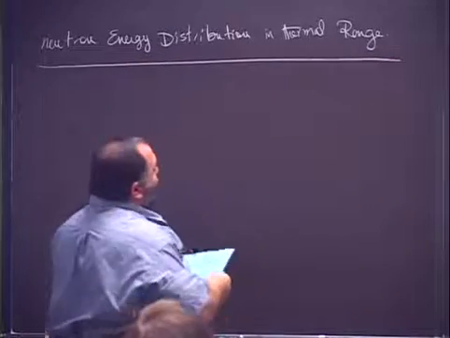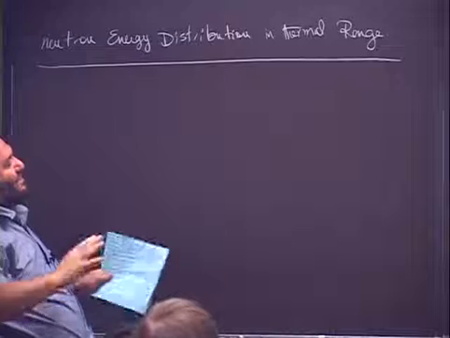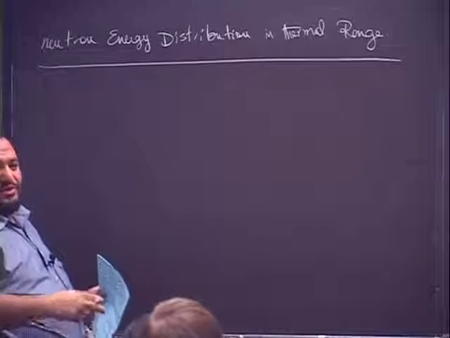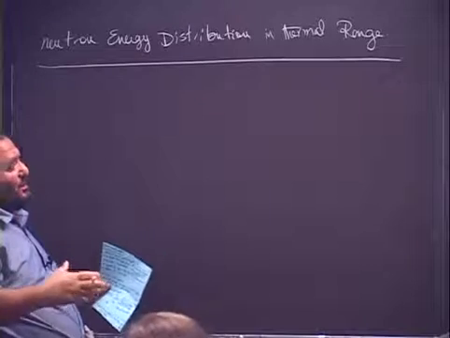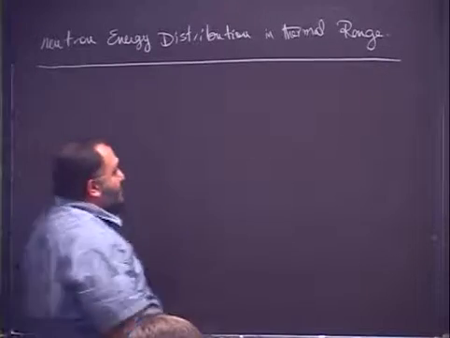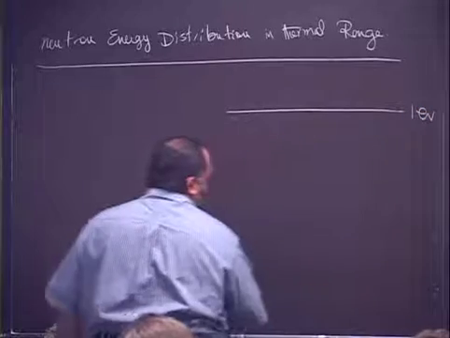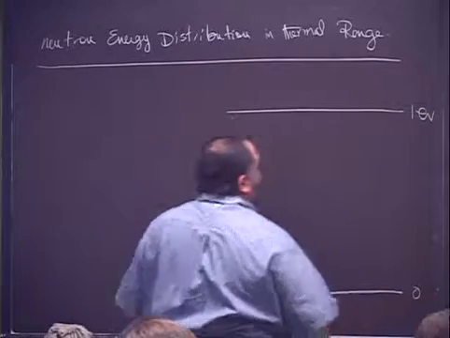The main and big difference between the thermal energy region and the rest of the energy regions is that the cutoff for the thermal energy region is 1 electron volt, and the lowest energy is, of course, 0.